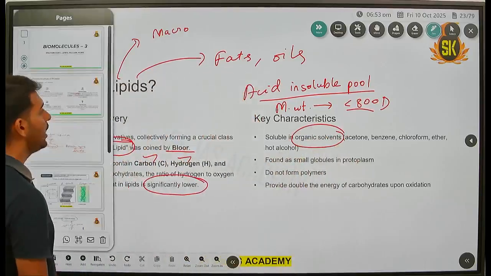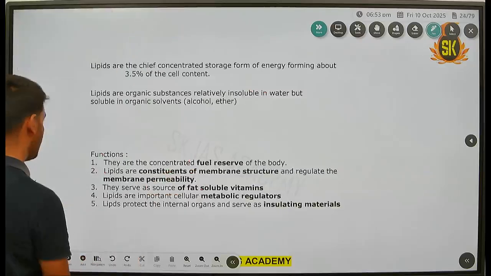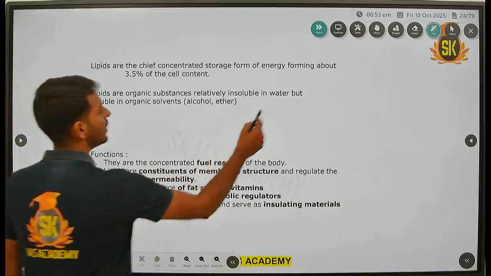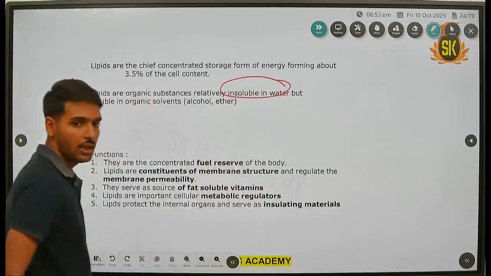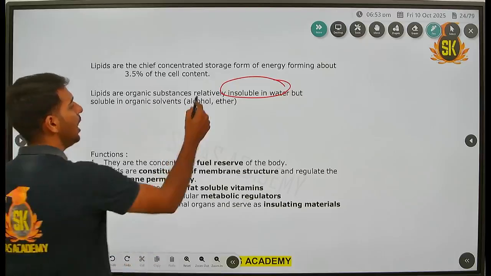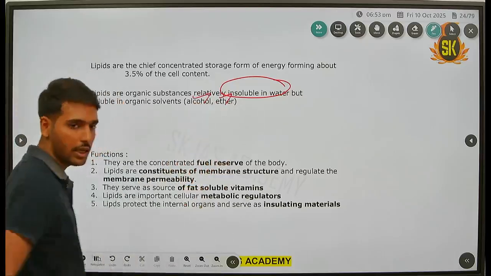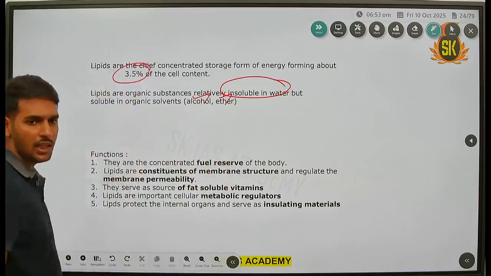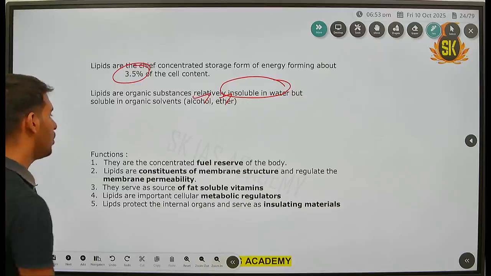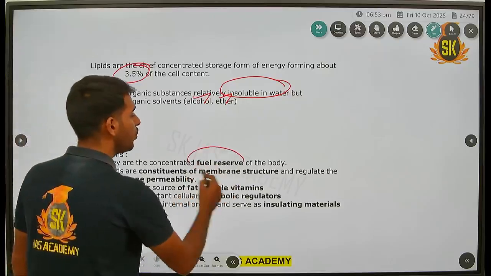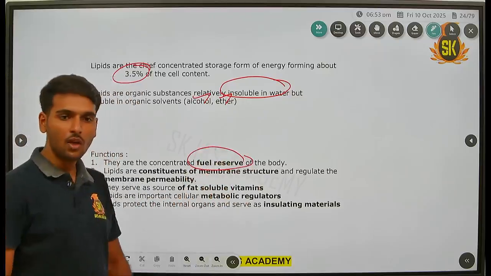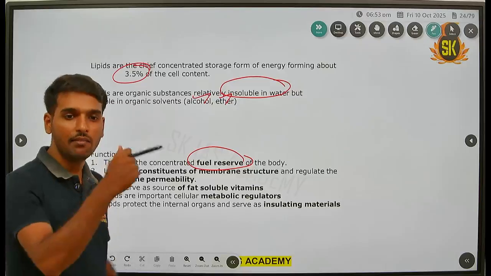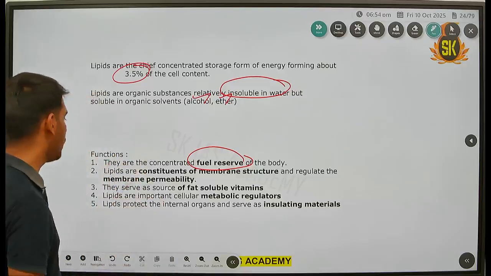It is insoluble in water. It is soluble in organic solvents like alcohol, ether, and it is only 3.5% of the cell content. It is a fuel reserve of the body. More than carbohydrates, the energy stored in the body is in the form of lipids or fats.